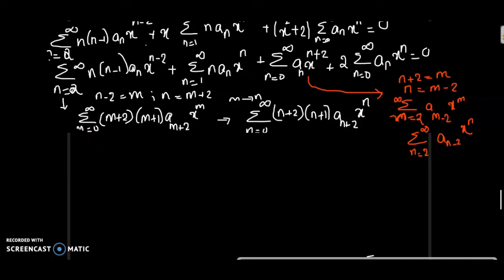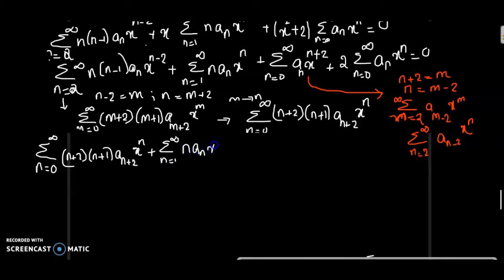Now let's once again write the whole equation. Now our equation is going to be sigma n equal to 0 to infinity n plus 2 into n plus 1 a n plus 2 x raised to n, plus the second term as such, sigma n equal to 1 to infinity n into a n x raised to n, plus the third term, which has a change, that is sigma n equal to 2 to infinity a n minus 2 x raised to n.